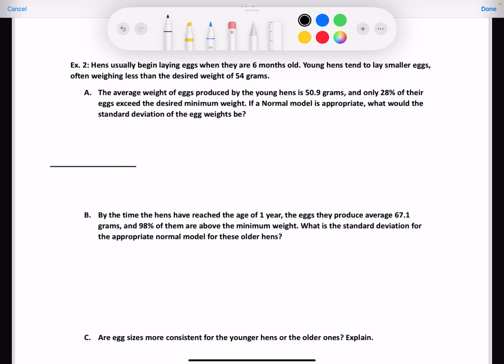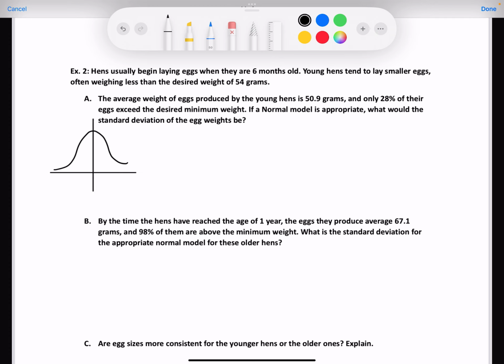Alright, so, normal model. Mean of 50.9. Only 28% exceed the desired weight.